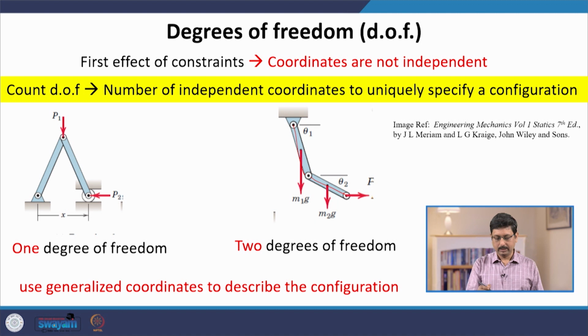Convince yourself that in order to describe the position of this robotic arm uniquely, you need 2 degrees of freedom. That means there are 2 independent variables required to specify the configuration. Hence, it has 2 degrees of freedom, and one choice will be the angle that this rod makes with the horizontal direction and the angle that this rod makes with the horizontal direction.